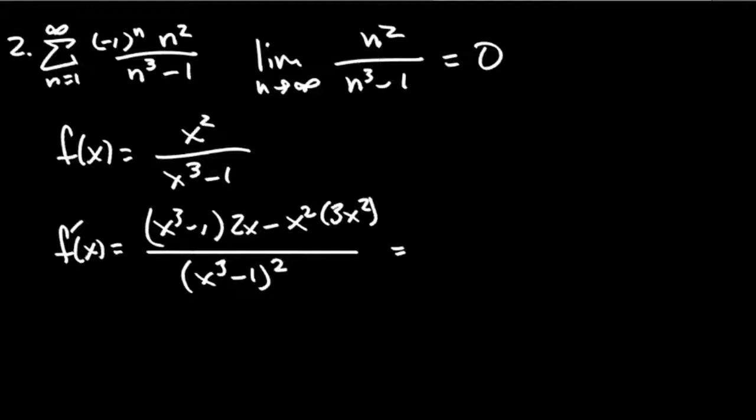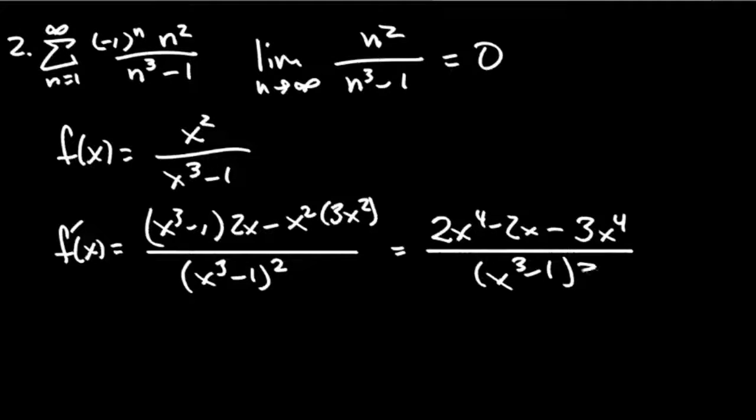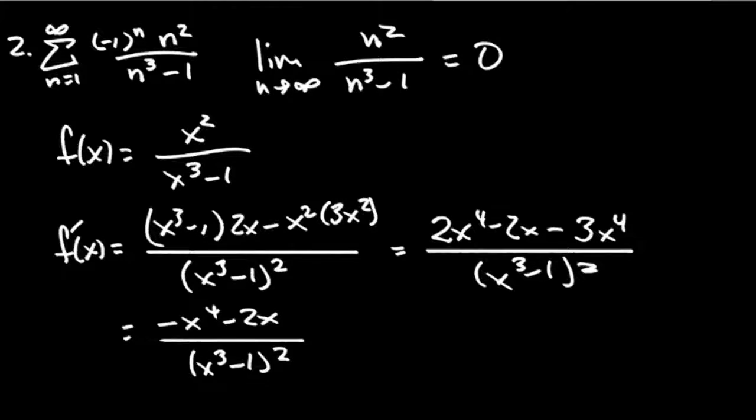So that's going to give us a 2x to the 4th minus 2x minus 3x to the 4th, sorry, all over this thing squared. So that's going to be negative x to the 4th minus 2x, all divided by x cubed minus 1 quantity squared.